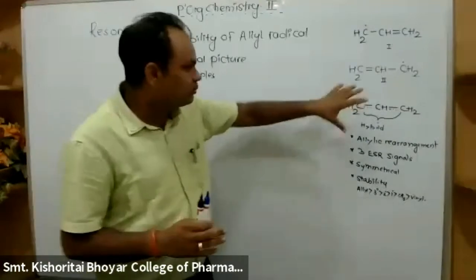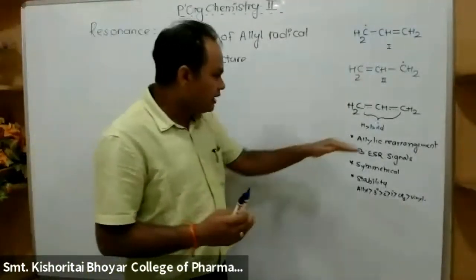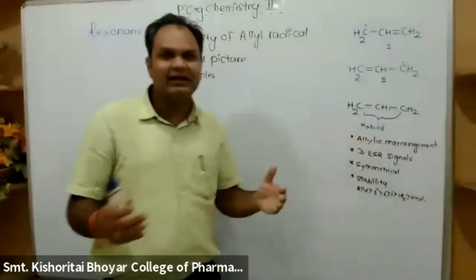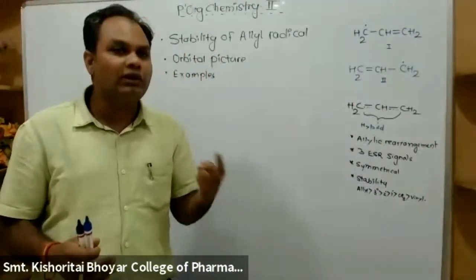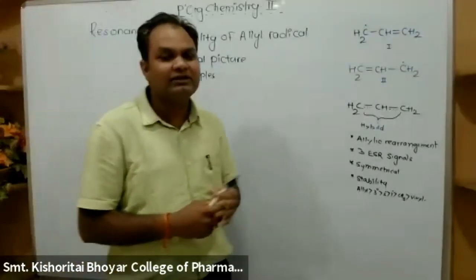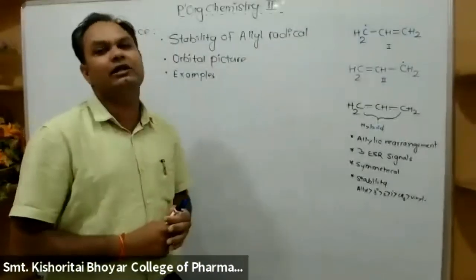On the basis of the hybrid structure of the allyl radical, we know that it gives the allylic rearrangement. Just as in the case of one octene, why do you get two different products? Because an allylic rearrangement takes place. And why does it take place?